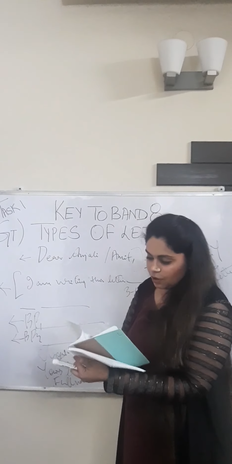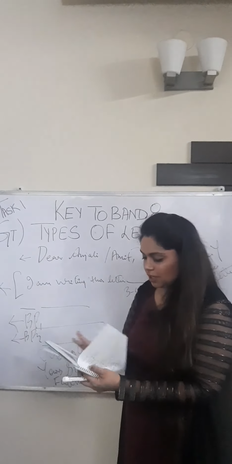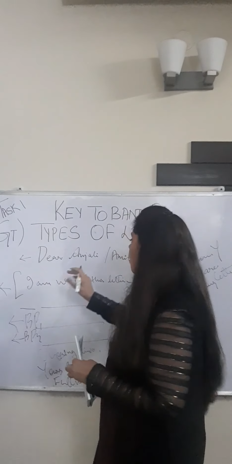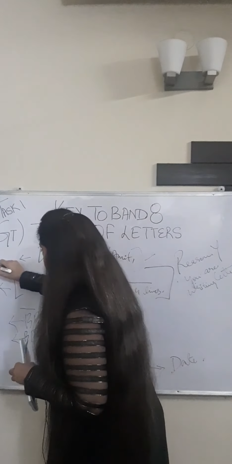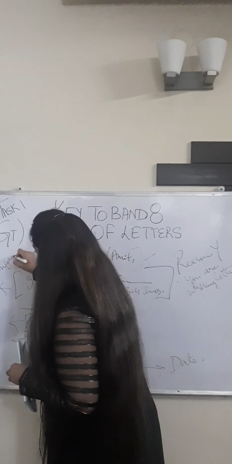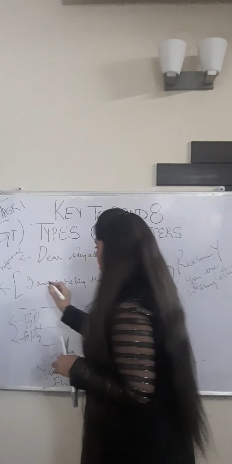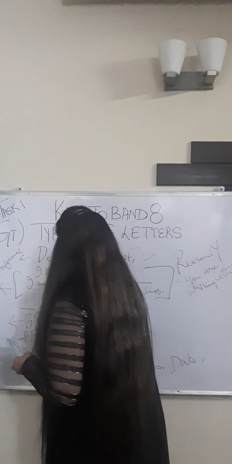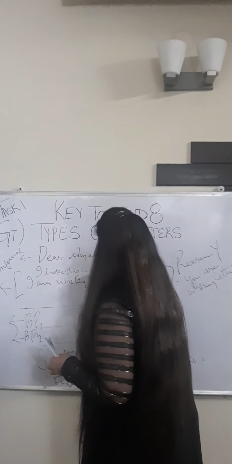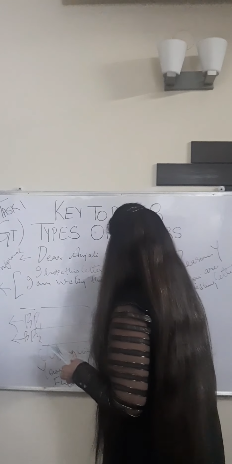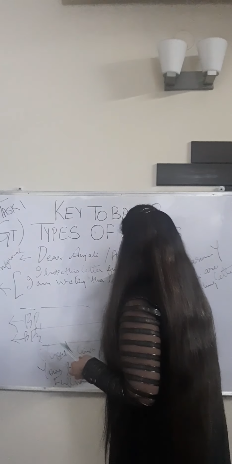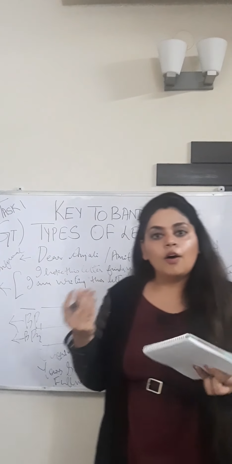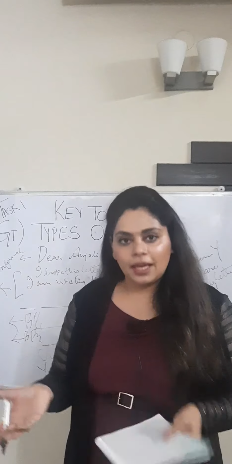And for these kinds of letters, you have to greet that person in the starting. For greeting in informal letters, write down, "I hope this letter finds you in the best of health," or "in the best of spirits, in good health."